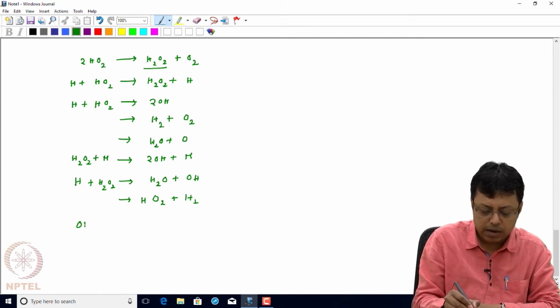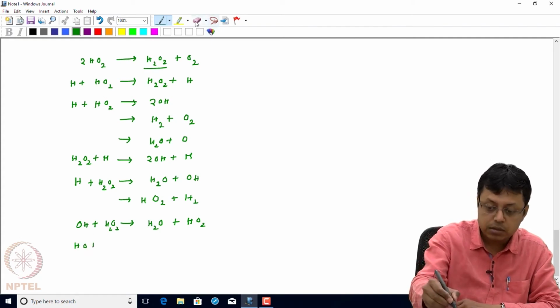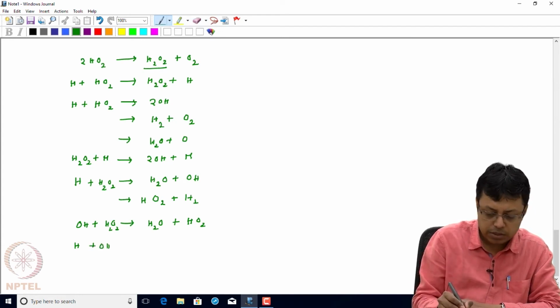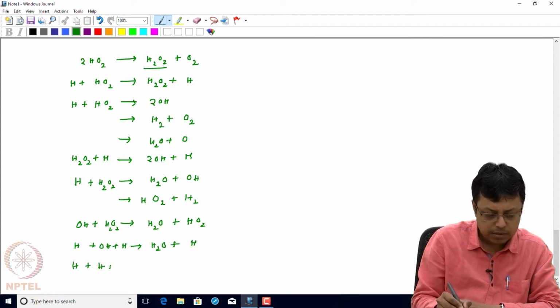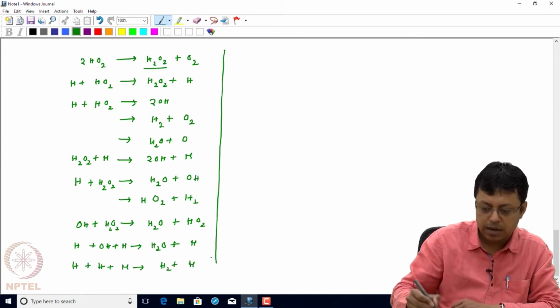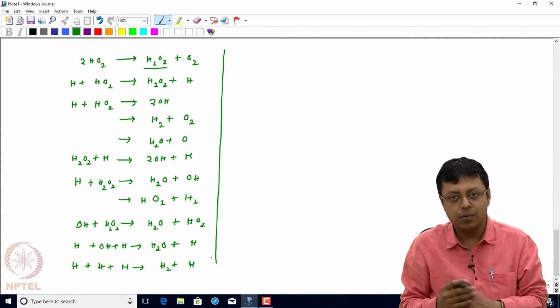Similarly, you can have many other reactions like H2O plus HO2, and you can also have the three body reactions like H plus OH plus M, which gives H2O plus M, and then H plus H plus M, you can have H2 plus M. Now you can see the complexity of this entire hydrogen plus oxygen water reaction.